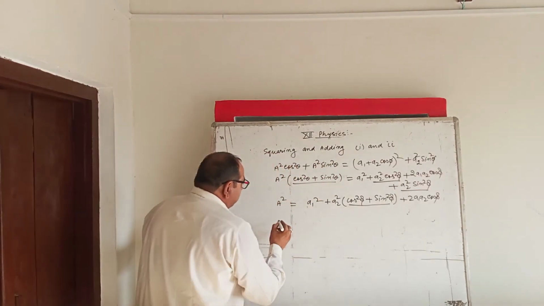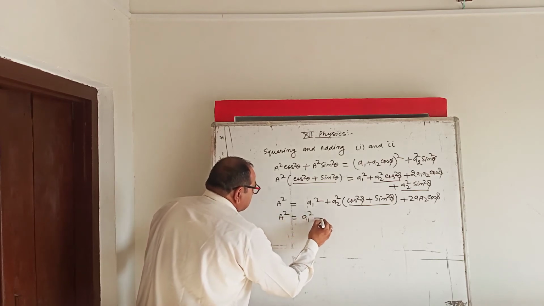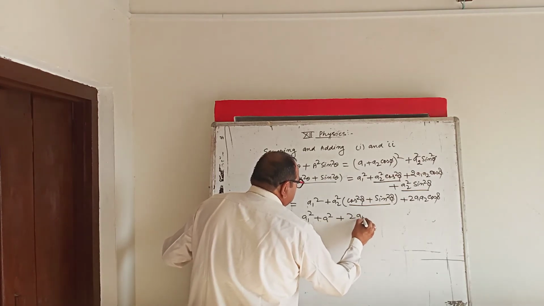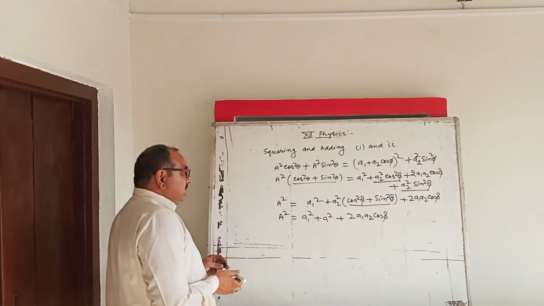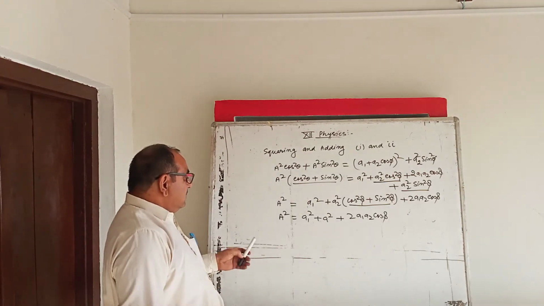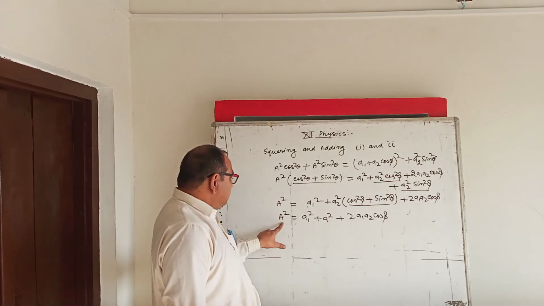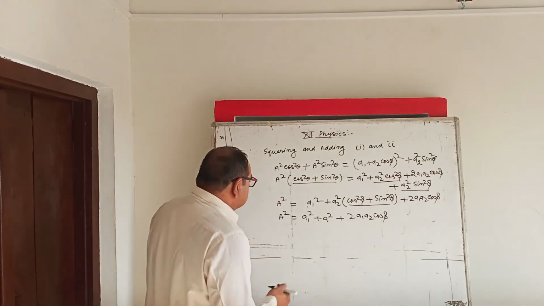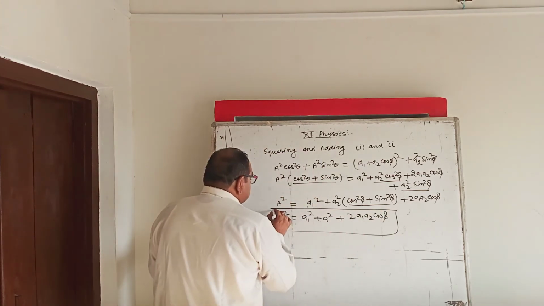This is 1. A square equal to a1 square plus a2 square plus 2 a1 a2 cos phi. Now, this A is the resultant amplitude of the wave.